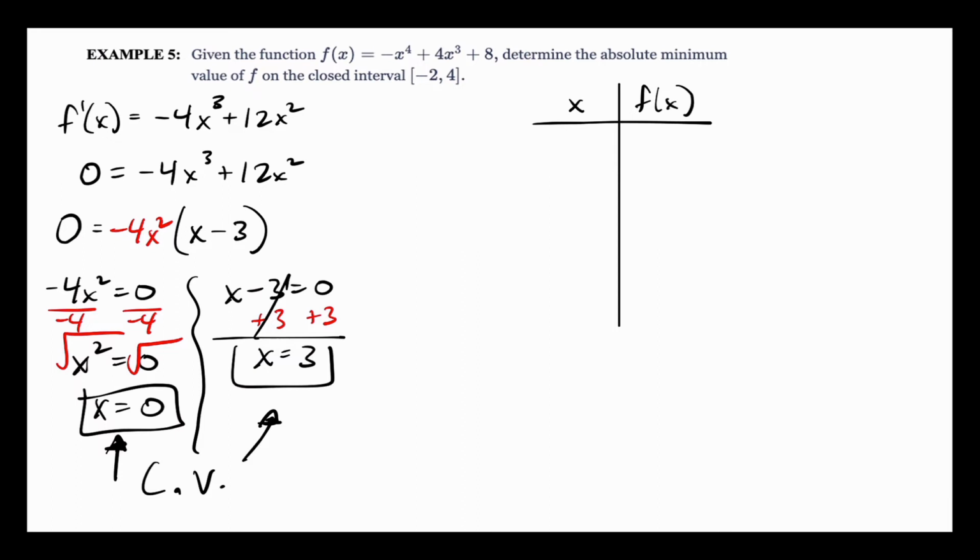Okay, so we're going to test the beginning, the end, and the critical values. We're going to test all of those to see which one has the lowest y value, the smallest y value. Okay, so it's negative x to the fourth plus 4x cubed plus 8.